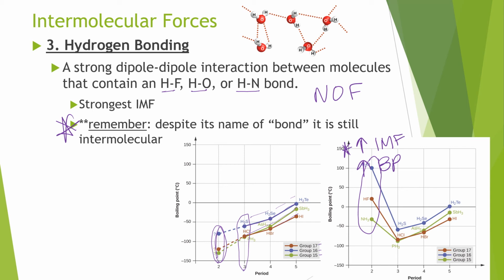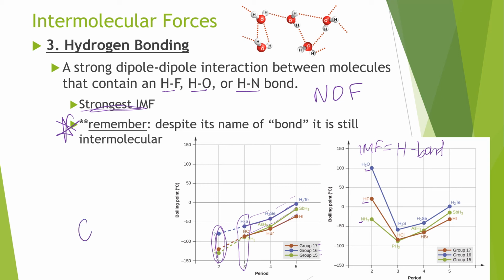The explanation for that is that nitrogen, fluorine, and oxygen are so electronegative that the intermolecular forces between these molecules are hydrogen bonding, which allows them to be extremely attracted to one another, and it takes a lot more energy to break them apart. So hydrogen bonding is our strongest intermolecular force. Just because hydrogen is there does not make it hydrogen bonding.